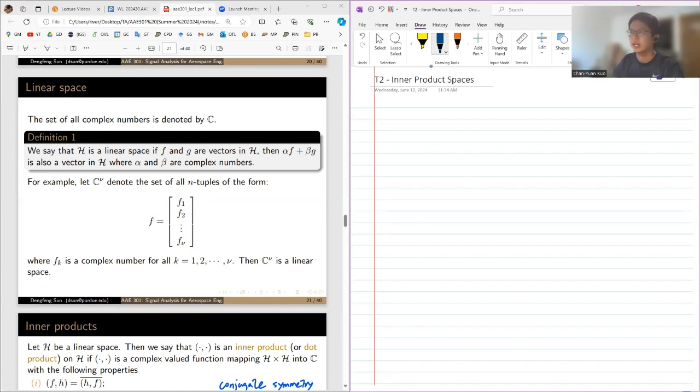So now let's take a look at an example. First, we let C be the set of all complex numbers.